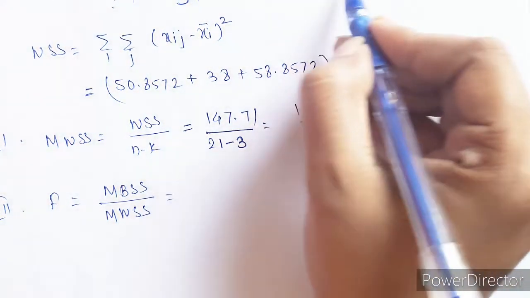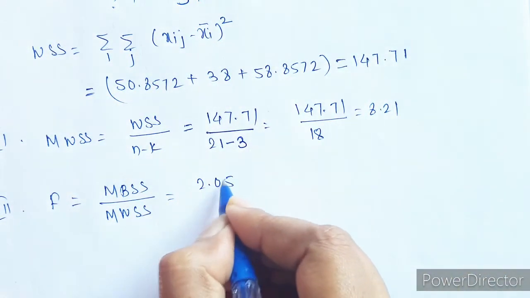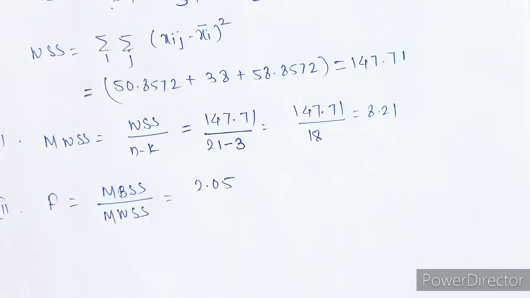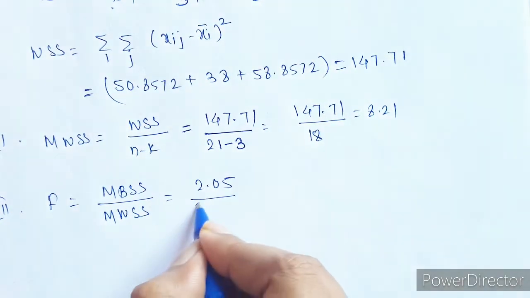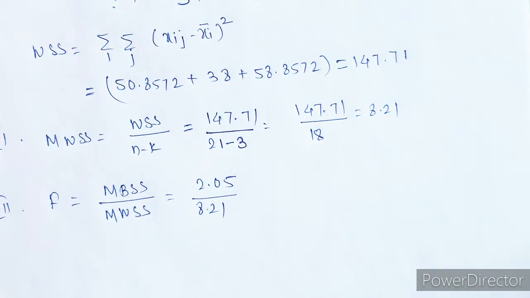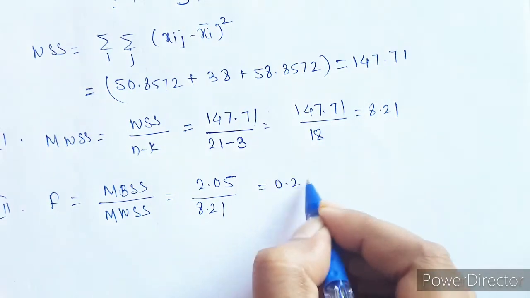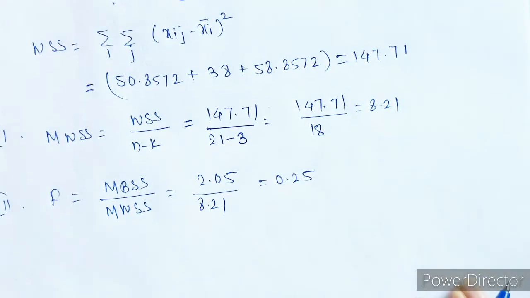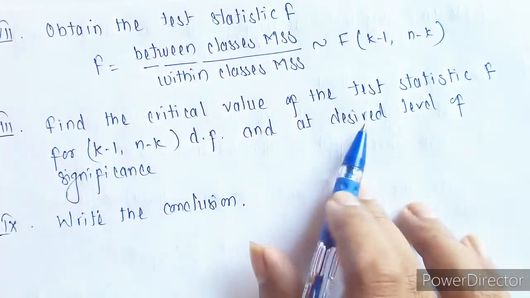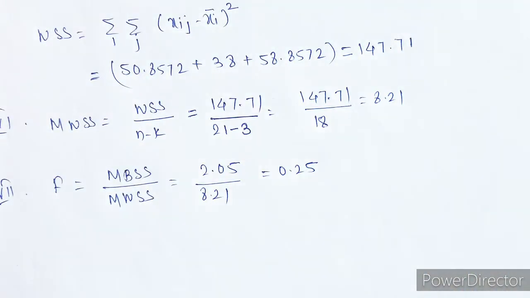So between the classes we have 2.05 and within the classes it is 8.21, which is equal to 0.25.